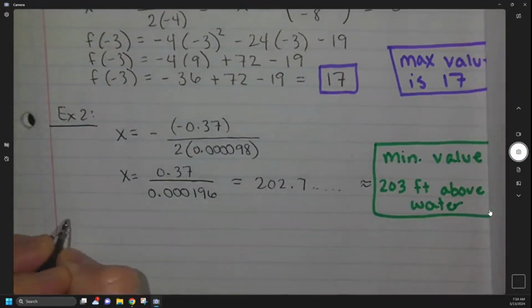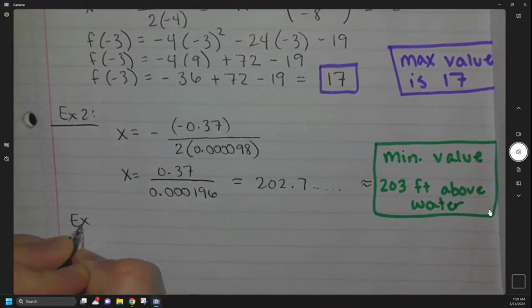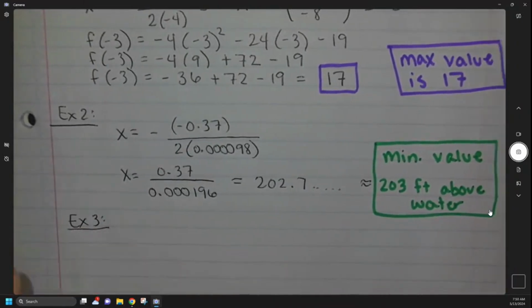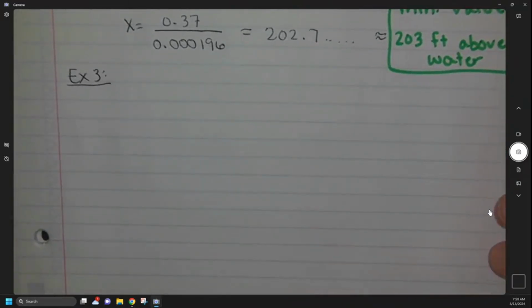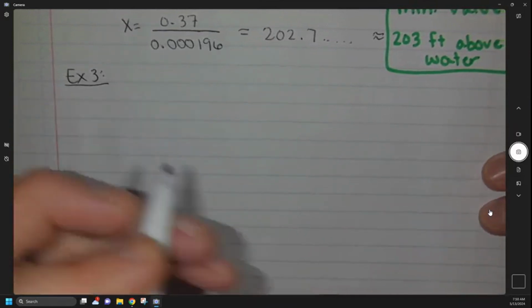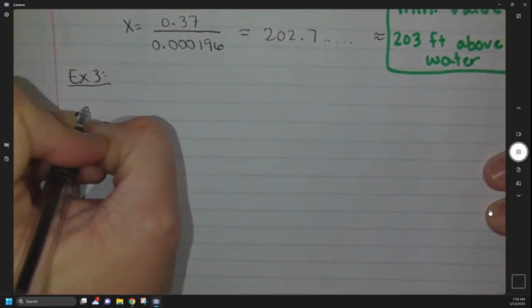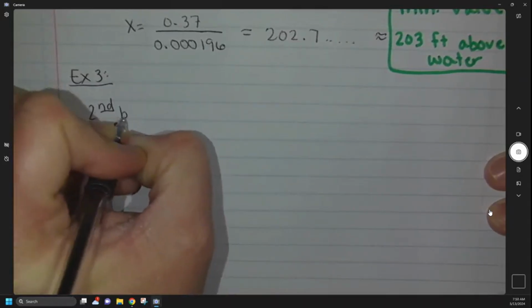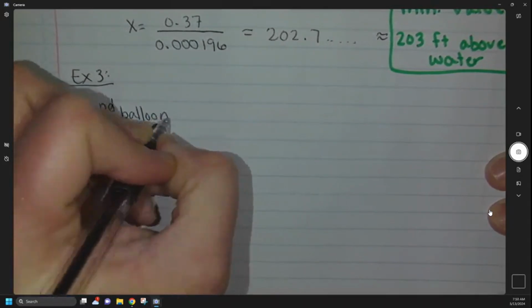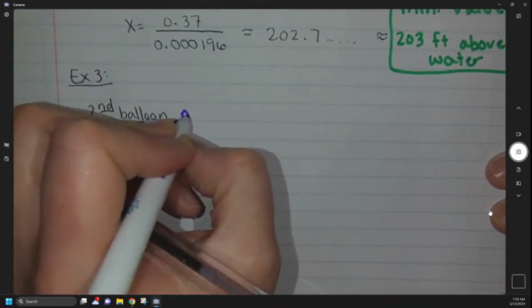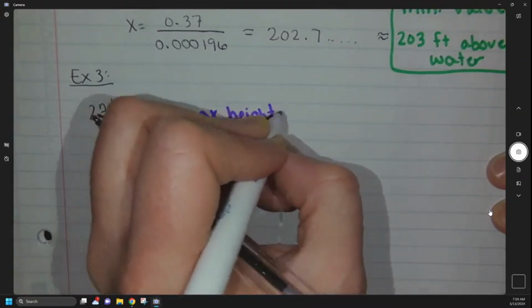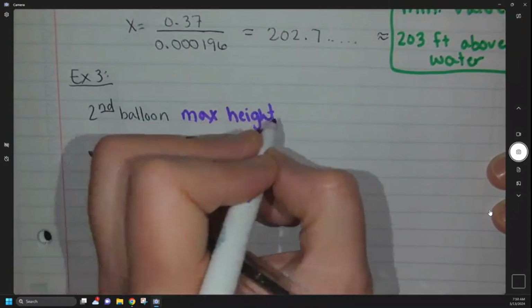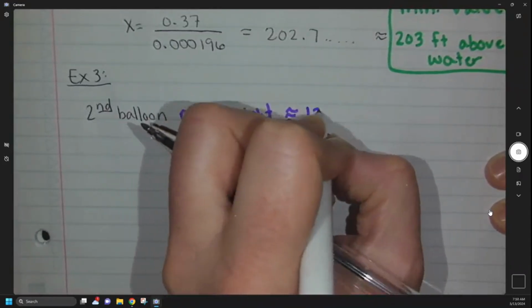Okay, so let's just jot that down for just a second here in our notebook. So example 3. Our max height for the second balloon is approximately 125 feet.